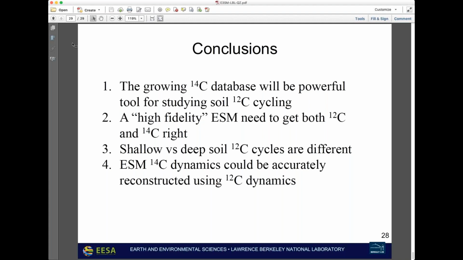And more importantly, in order to have a high fidelity Earth system model, we want to get both 12C and 14C right. That means we want to get both 12C stock and 12C residence time, or turnover time, correct in order to have a confident projection of future carbon dynamics.